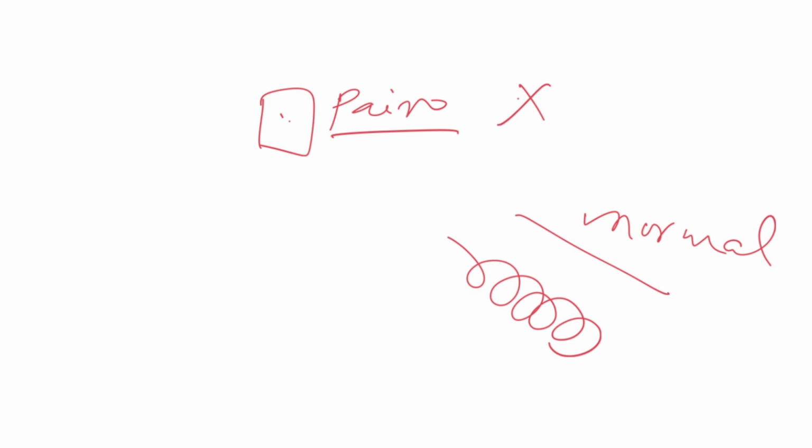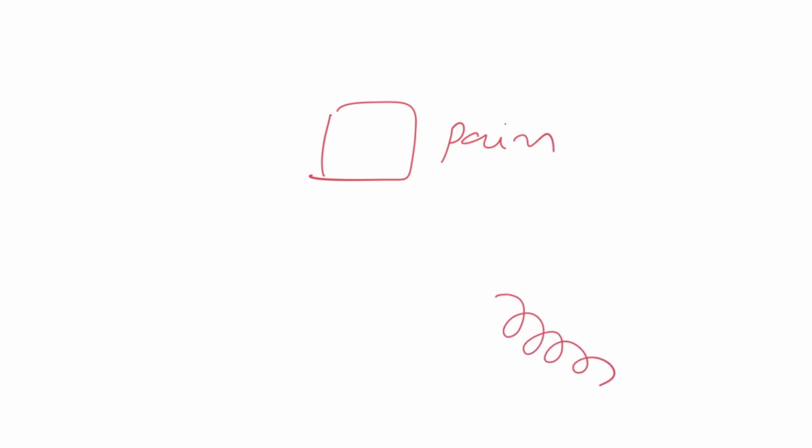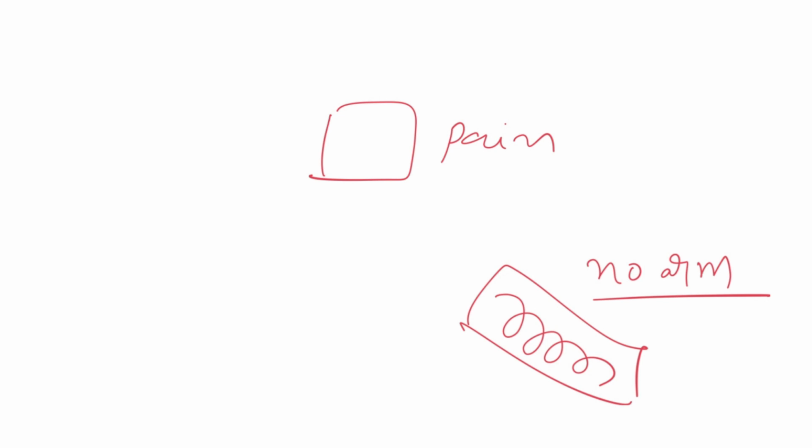But in the case of a phantom arm, there is a pain, feeling twisted, when there is no arm. So what is it that you should do to remove this twisted feeling so that there is no pain?